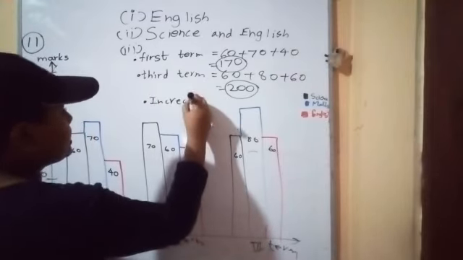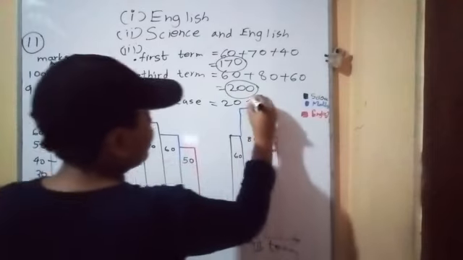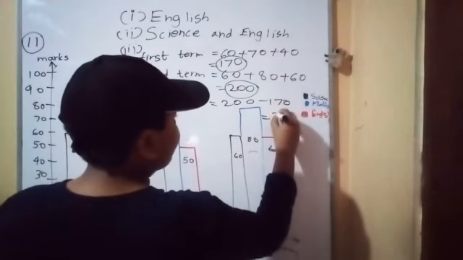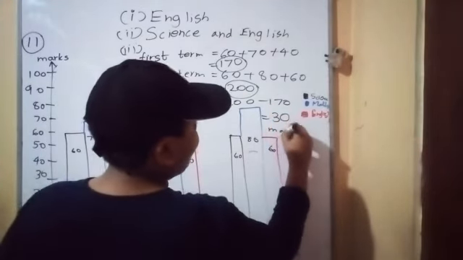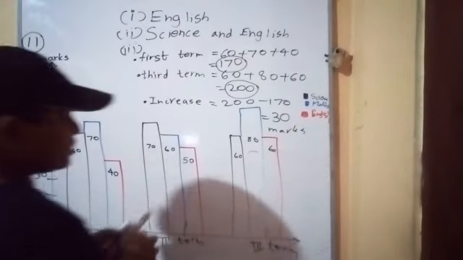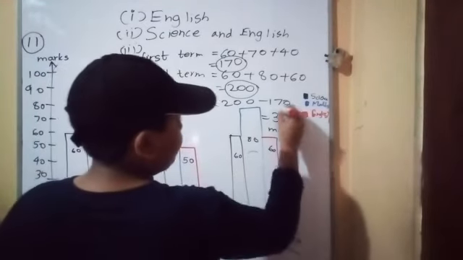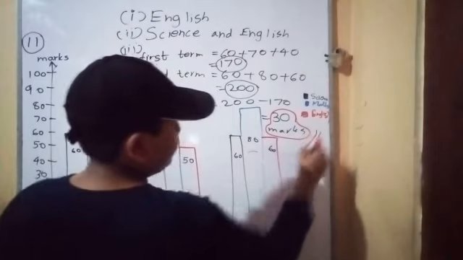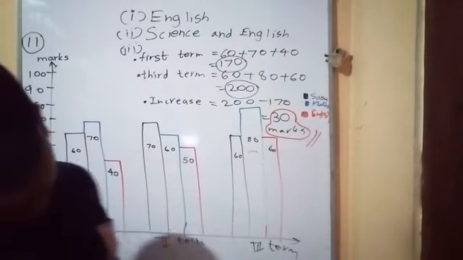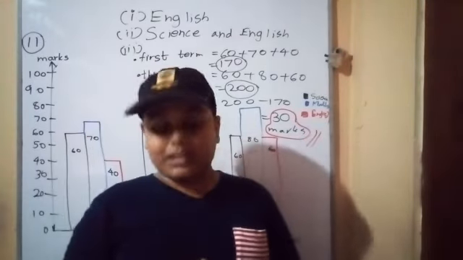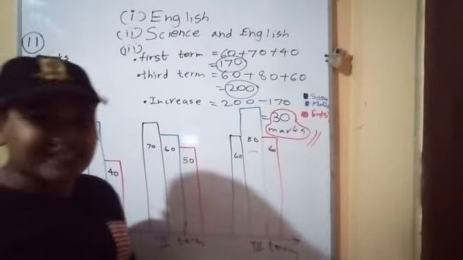What is the increase? 200 subtract 170, 30 marks. Now that is the answer, 30 marks. Now the 11th question also finished.